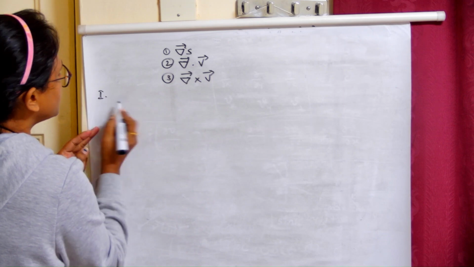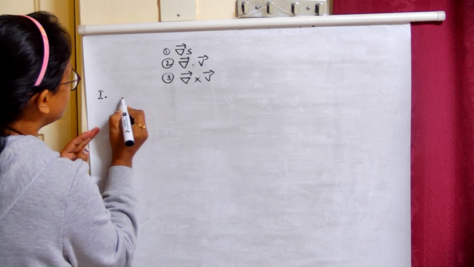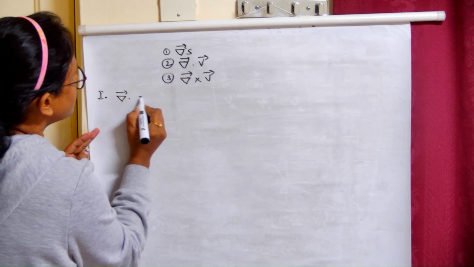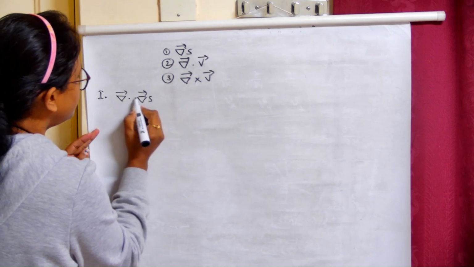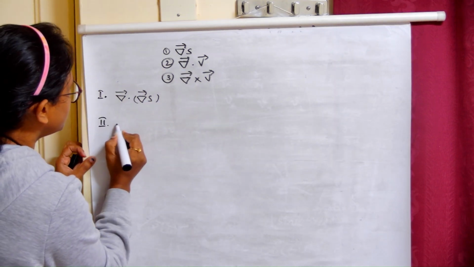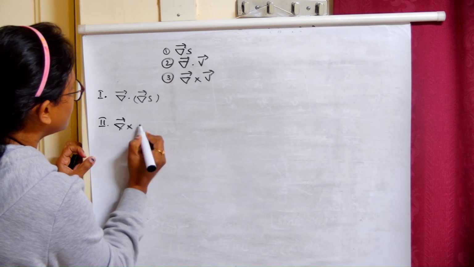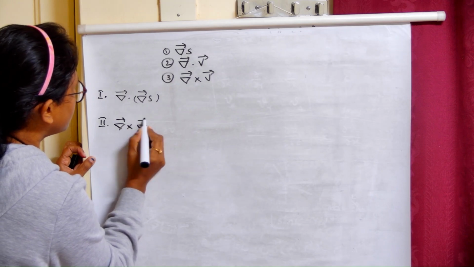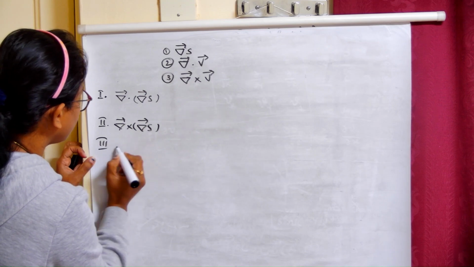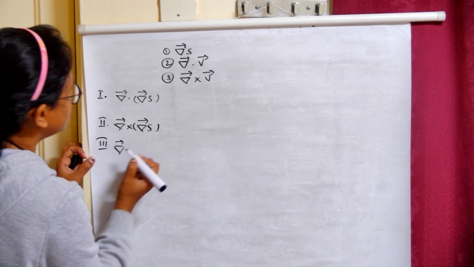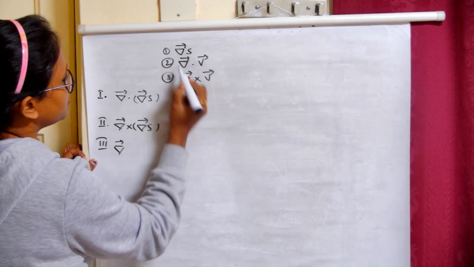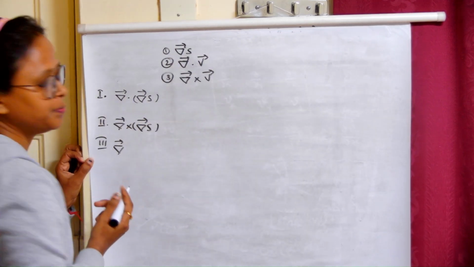The first combination that is possible is divergence of gradient of a scalar. The second combination is curl of gradient of a scalar. Then now we'll keep divergence as constant and we'll make combinations with gradient and curl.